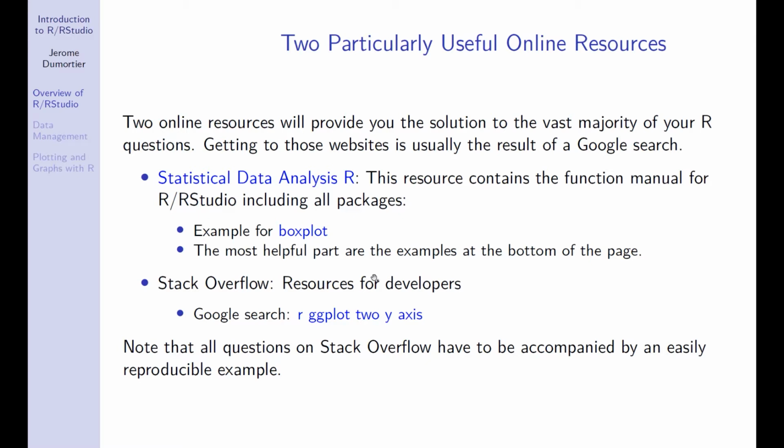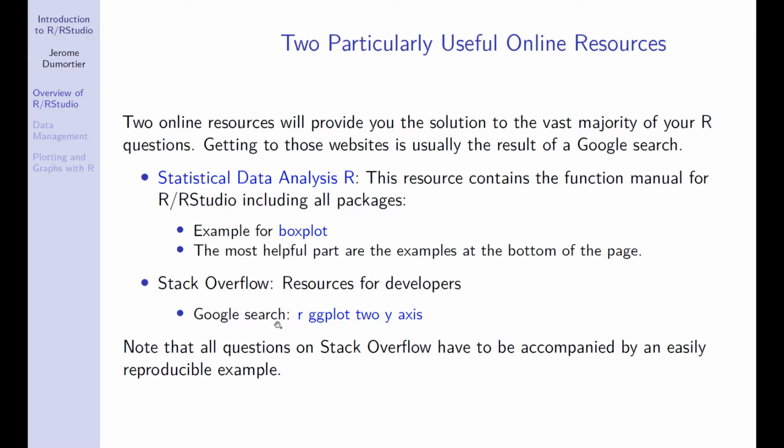Now, the reason why you may want to have two y-axes is that you want to plot two different data series that have different magnitudes. So for example, one has very small values, the other one has very large values, and you want to plot them in the same graph. Then you may want to have two y-axes.